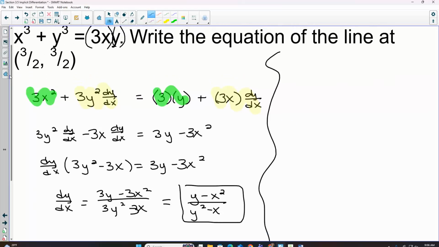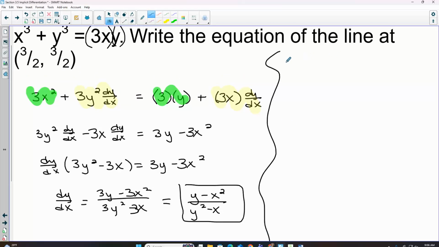The second thing I asked for is the equation of the tangent line. So to get the equation of a tangent line, we need a slope. So we have to plug our x and our y into our derivative. Okay.